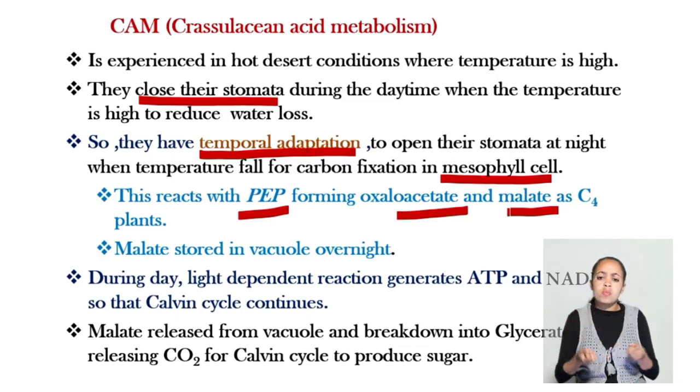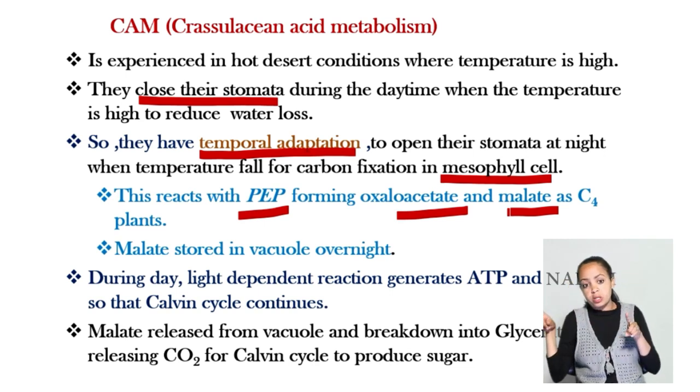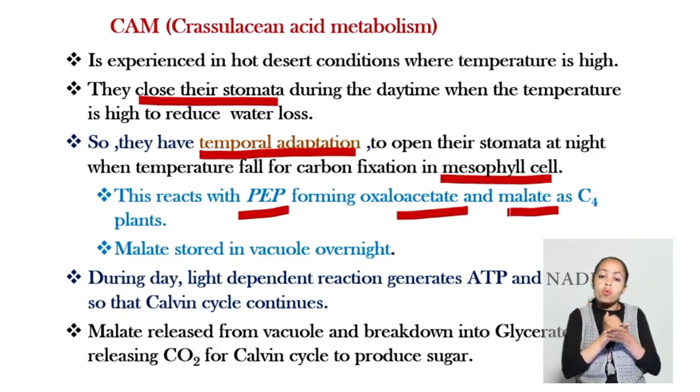Most probably, the reactions that take place in CAM photosynthesis and C4 photosynthesis are similar, except for the temporal adaptation, where the malate that is produced in the process is stored within a vacuole overnight.